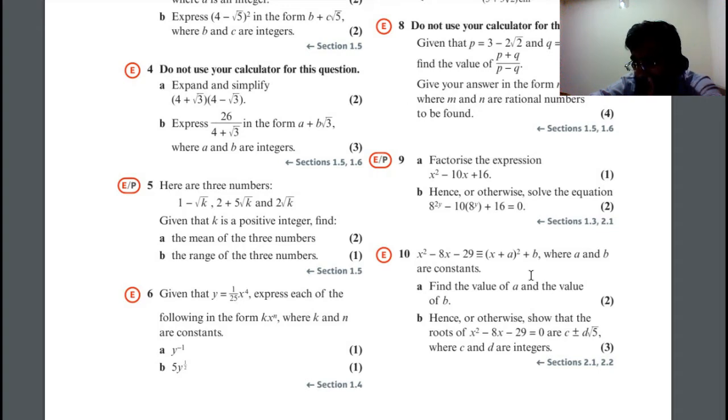So, 1 plus 2 is what? Sir, 1 plus 2 is 3.